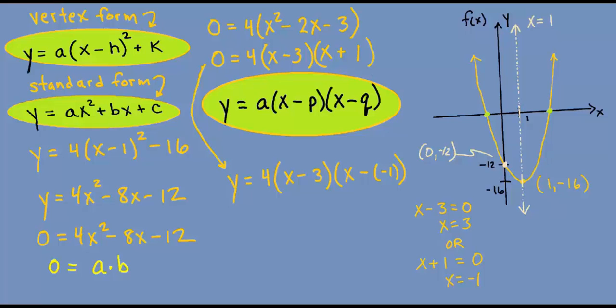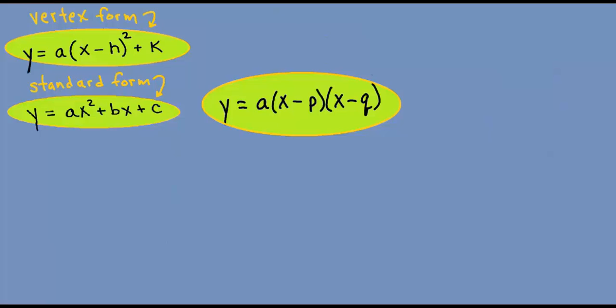So that's like the constant thing that all three of these show you. But that's the only thing that they all three show you, at least directly, right? All right, let's do another example. But first, let's add our factored or X-intercept form to the list of forms.